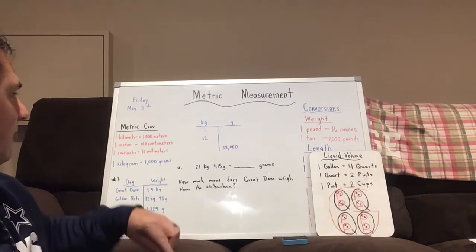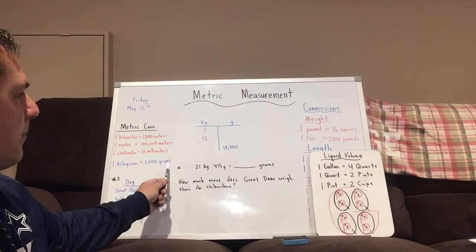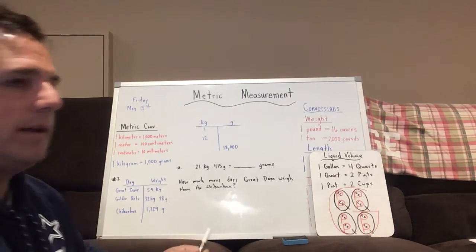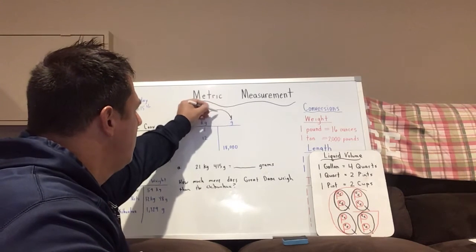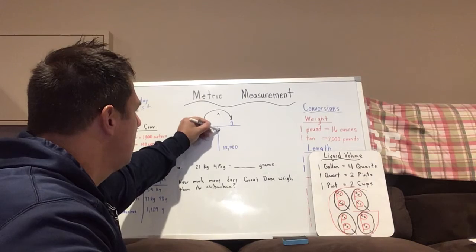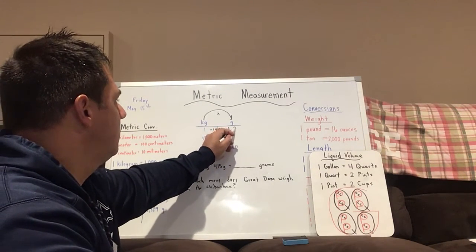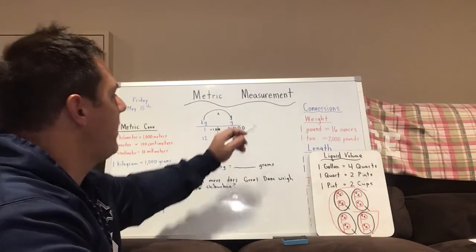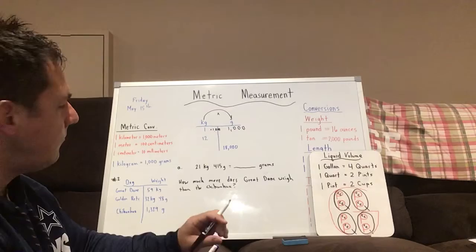So if I look at my conversion, I need to go from kilograms, a bigger unit, to grams, a smaller unit. I'm going to be multiplying, and again, I'm going to be multiplying by 1,000. So my first conversion is, again, just going to be times 1,000. And if I have 1 kilogram, I know that would really be equivalent to 1,000 grams, or 1,000 little Skittles, or 1,000 little M&Ms.